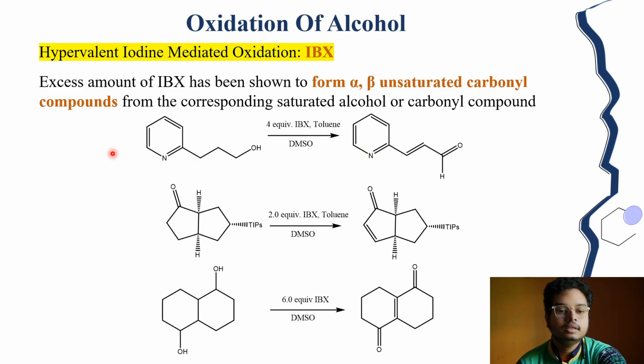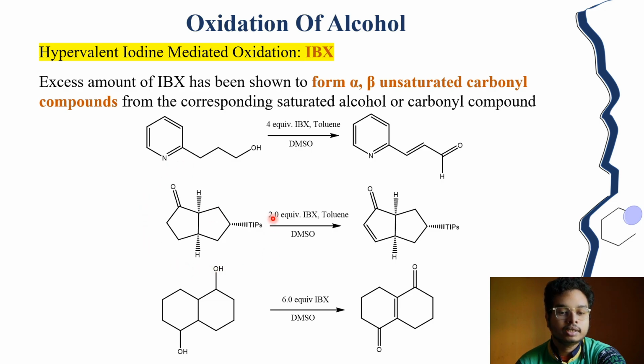For example, here this is the primary alcohol and IBX has been used in excess amount. So it will convert this alcohol to the corresponding aldehyde, but it will also generate an alpha beta unsaturation here.